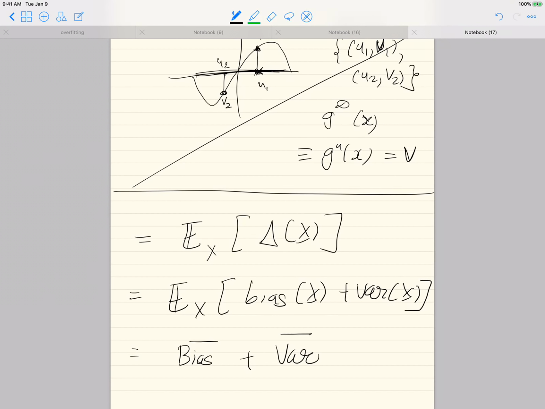We define the expected value over x of the bias of x to be the average bias, and the expected value over x of the variance of x to be the average variance.